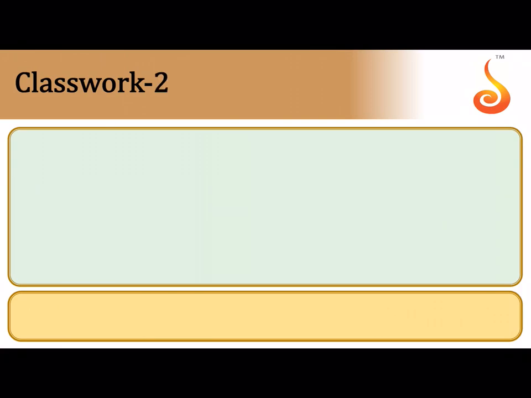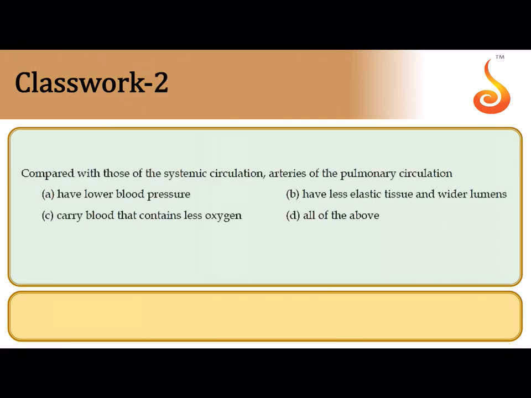Compared with those of systemic circulation, arteries of pulmonary circulation, they have a lower blood pressure, correct? They have less elastic tissue and wider lumens. They carry blood that contains less oxygen.